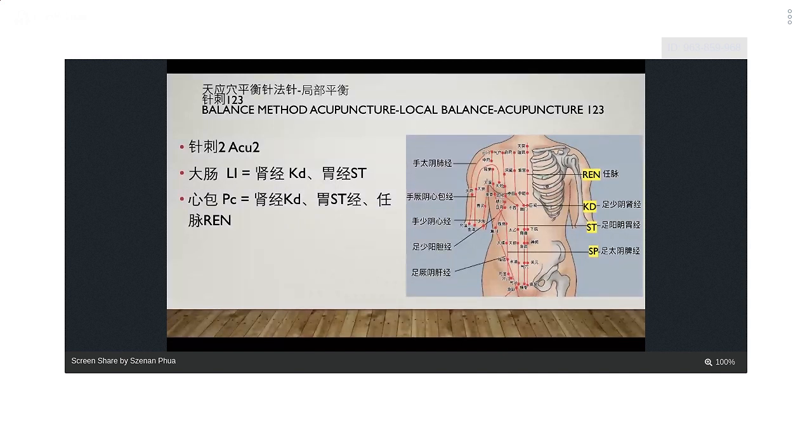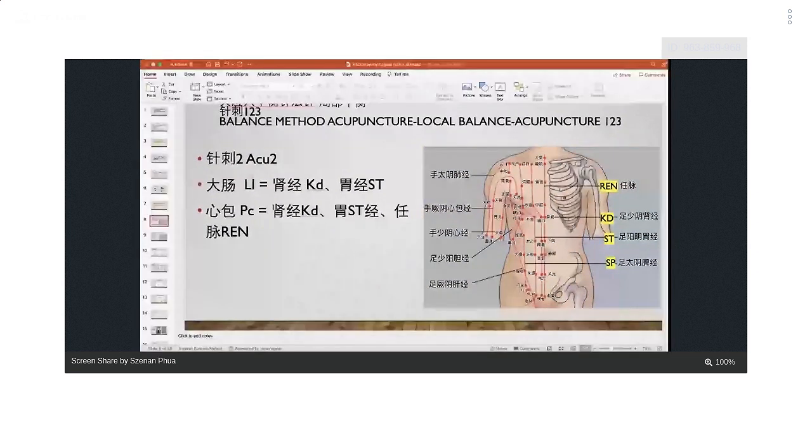So as you can see, if I combine those 2 meridians and treat them at the same time, I actually treat all 3 of the 6 meridians, including Ren, kidney, and stomach meridian. Right? Are you following? If you are, please reply 2.